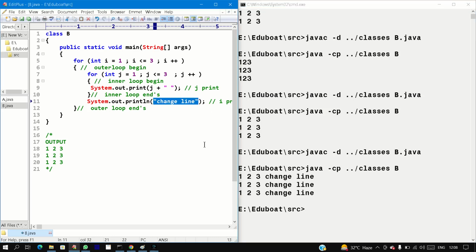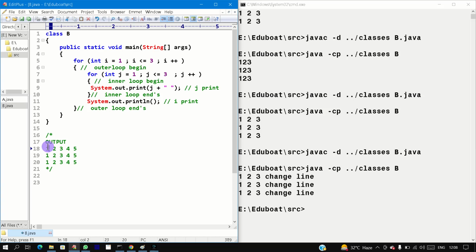Fine. Now similarly, suppose you want the output as 1 2 3 4 5. It means this whole line used to run when J is executed.